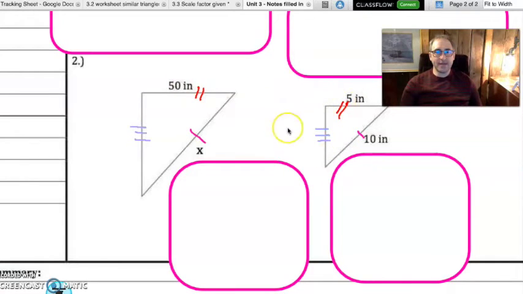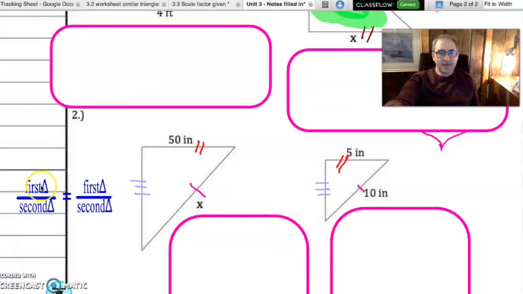So when we set this up, we are always going to say that the first triangle side compares to the second triangle, and that the first triangle side compares to the second triangle. So let's highlight our triangles so we don't get confused.